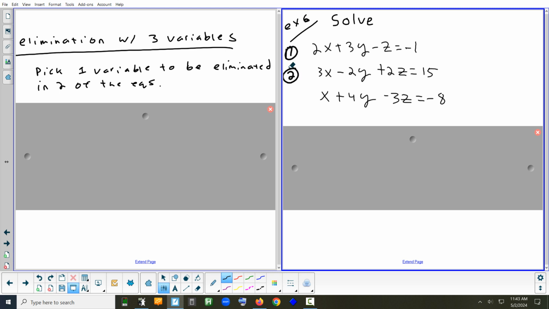This is 2. This one's 3. We're going to pick 2 equations to combine together to get rid of a letter. Then you're going to pick 2 different equations to combine together and get rid of the same letter. So did anybody see what letter would be easy to eliminate here?